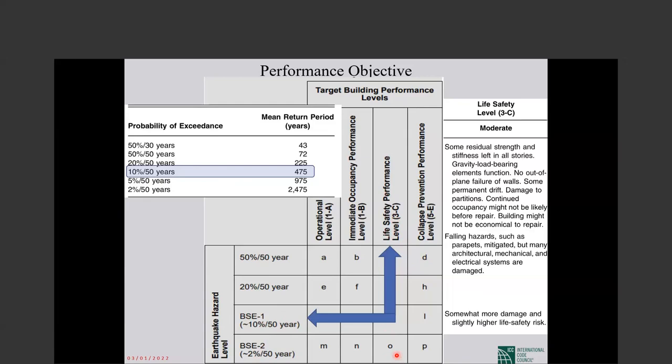Instead of implicitly, by a factor, trying to reach a performance level, for example using 1.5, 1.4. But there is no guarantee that if you increase the design base shear by 1.5, you get better performance.